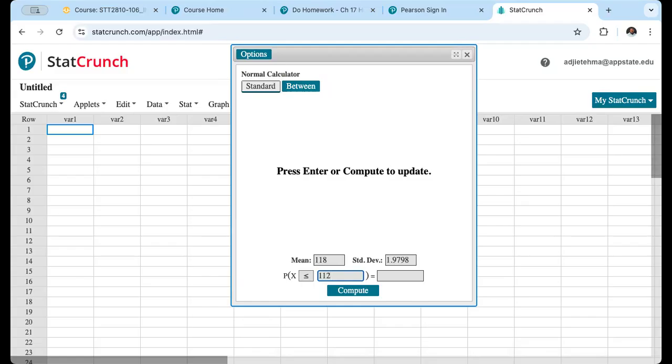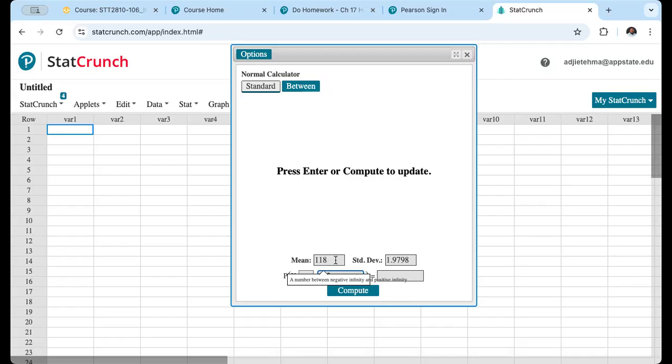I repeat again, don't put 14 here. Is that okay? We are dealing with the sample mean. The sample mean has a distribution where the mean is equal to the population mean, which is here. But the standard deviation is not equal to the population standard deviation.